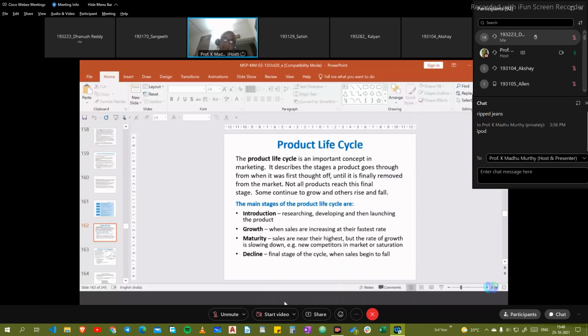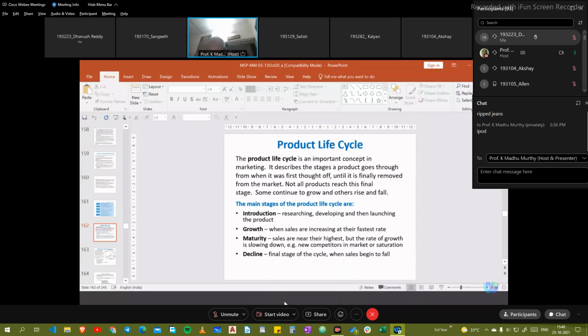Having seen such growth and the profit opportunity, competitors start imitating or coming up with similar products. Therefore, there is competition, and when competition sells similar benefits, naturally my own market saturates.